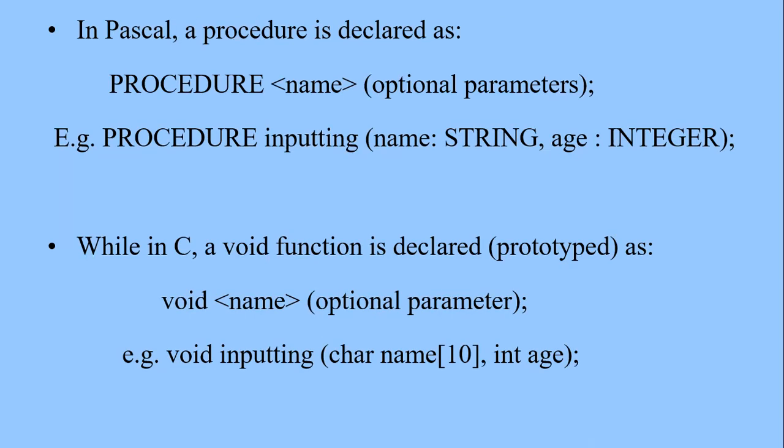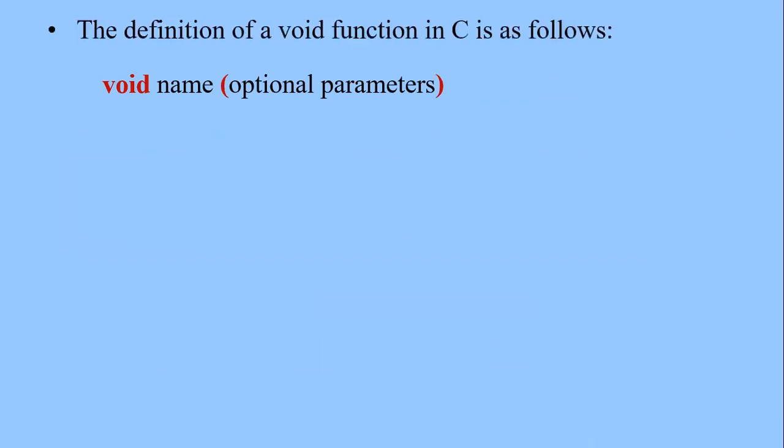The definition of a void function in C is as follows. So if, for example, you declared a function called void inputting, then we have an array of characters and age as parameters. We can have a function defined.